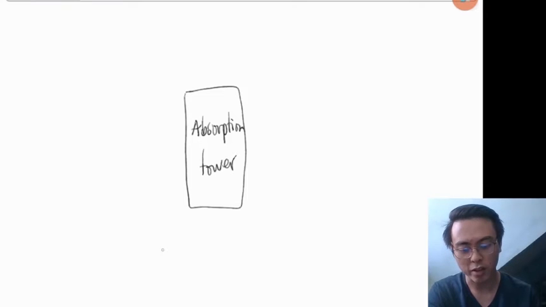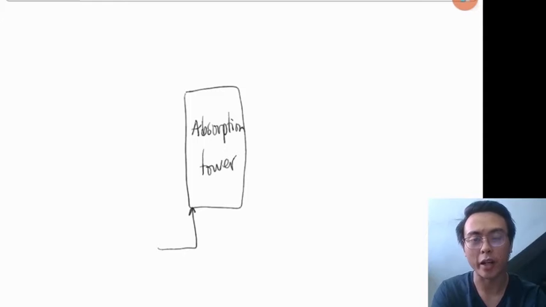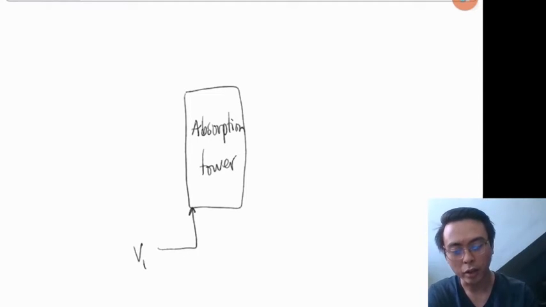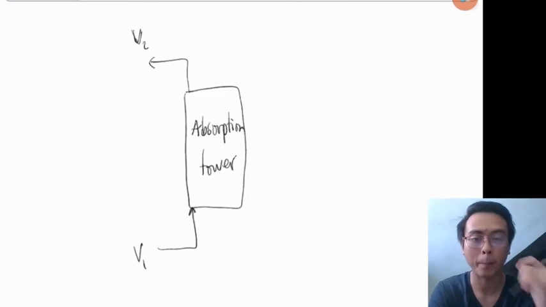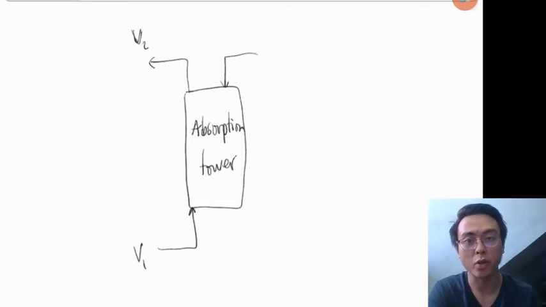So let's say, for example, you have an entering vapor or gas. We will call that V1. Your remaining gases, which are not soluble in the solvent, will exit the column, and we will call that V2. Okay? Your absorbent will enter from the top. This is your liquid phase.